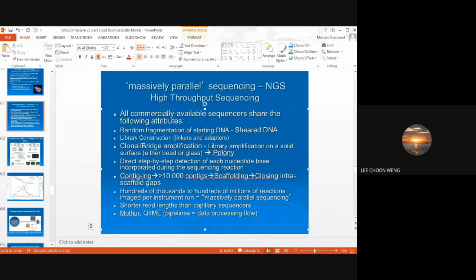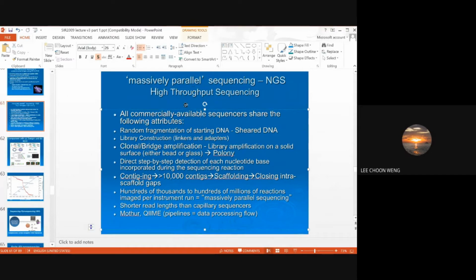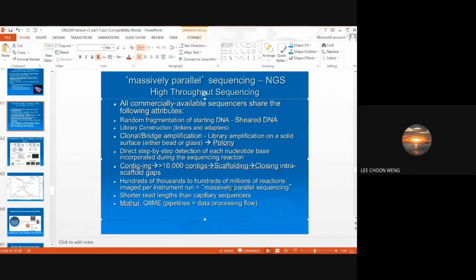Okay, so they'll compare. You can do the Roche 454.